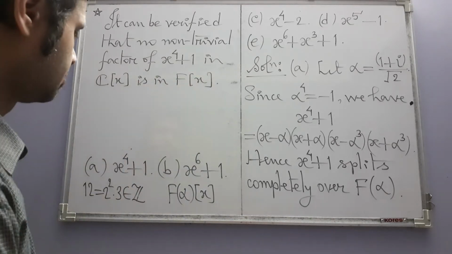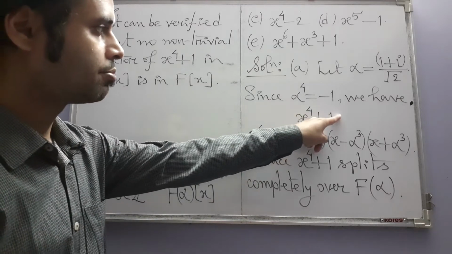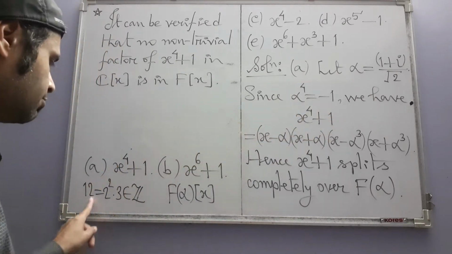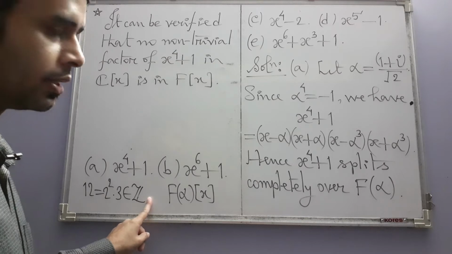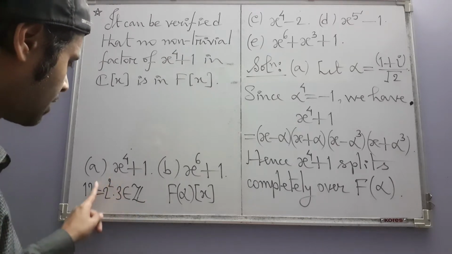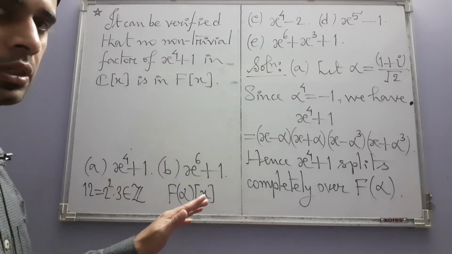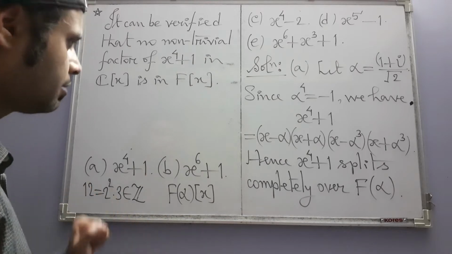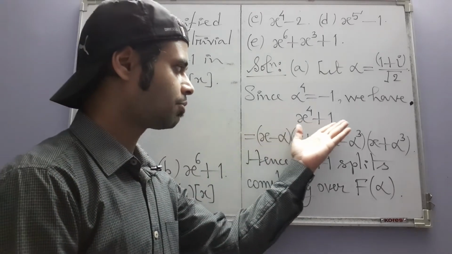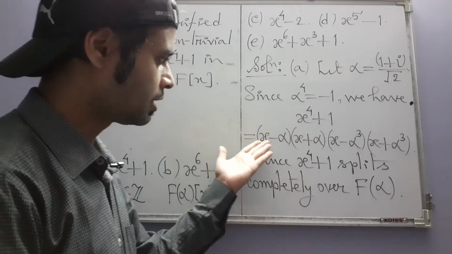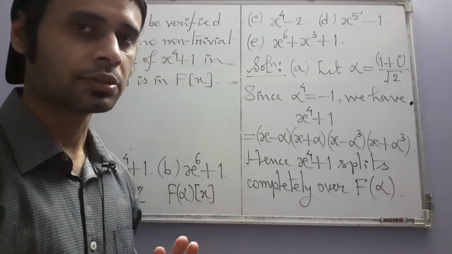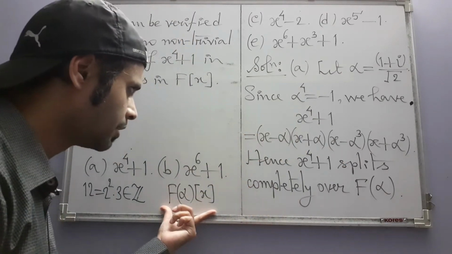What is this? You compare x to the power 4 plus 1 with 12. This is the familiar Euclidean ring. Here we have its factorization as a product of its prime factors 2 and 3. Here we have the prime factorization of x to the power 4 plus 1 as a product of these 4 linear factors, which are primes in this universe.